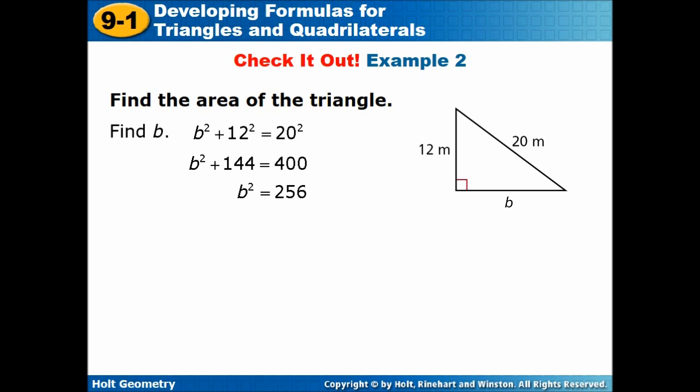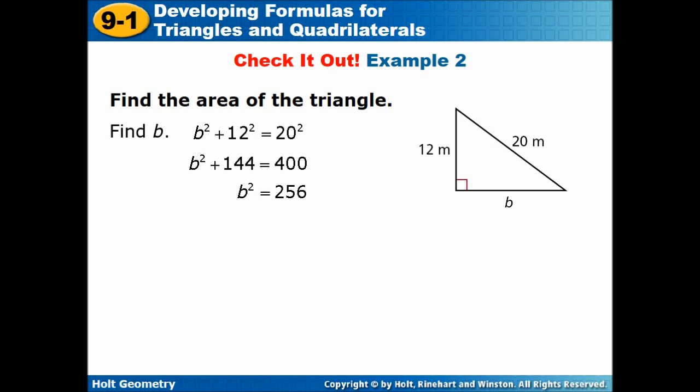Oh, before we do that, we're going to find B, and I'm going to give you that information. So B squared plus 12 squared equals 20 squared using the Pythagorean theorem. And substituting, we're going to find that 12 squared is 144 and 20 squared is 400.